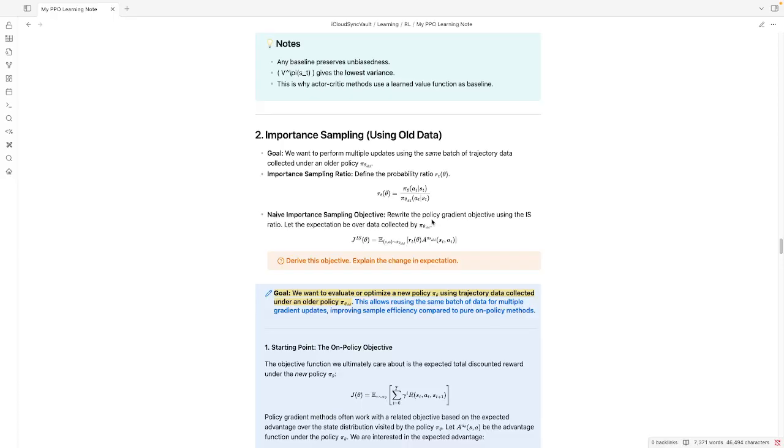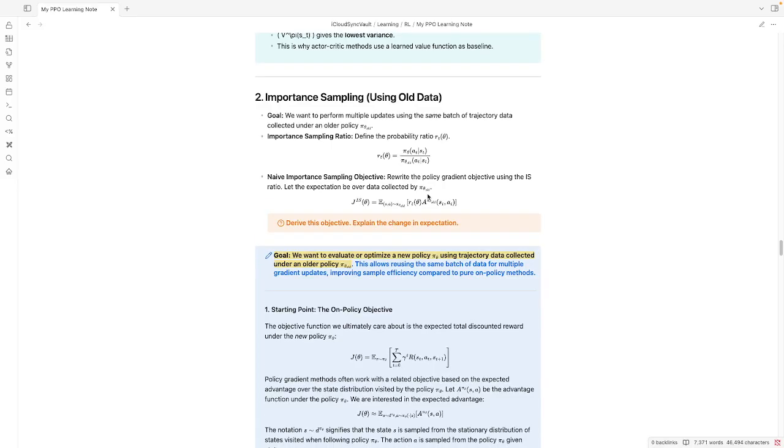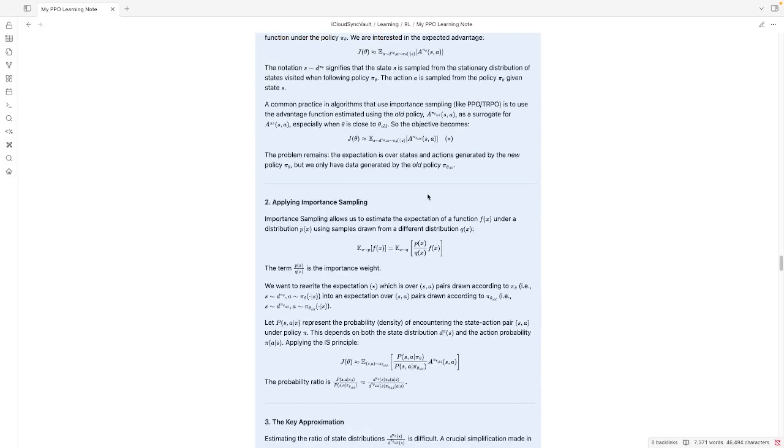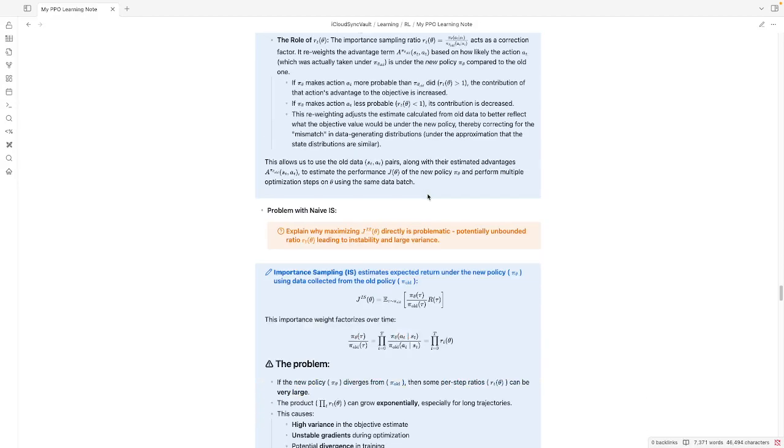The idea is we want to reuse the old trajectory data for the new training, for the new derivatives, so that we can reuse it as a batch. And the probability ratio is this. Importance sampling is an approximation.